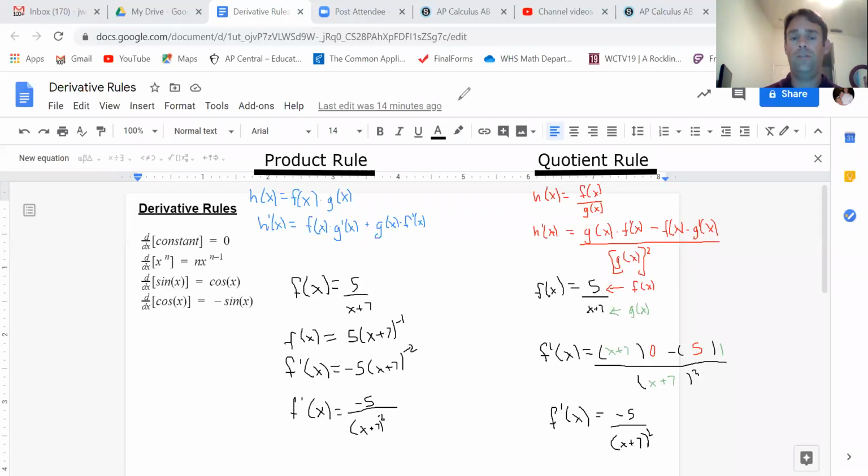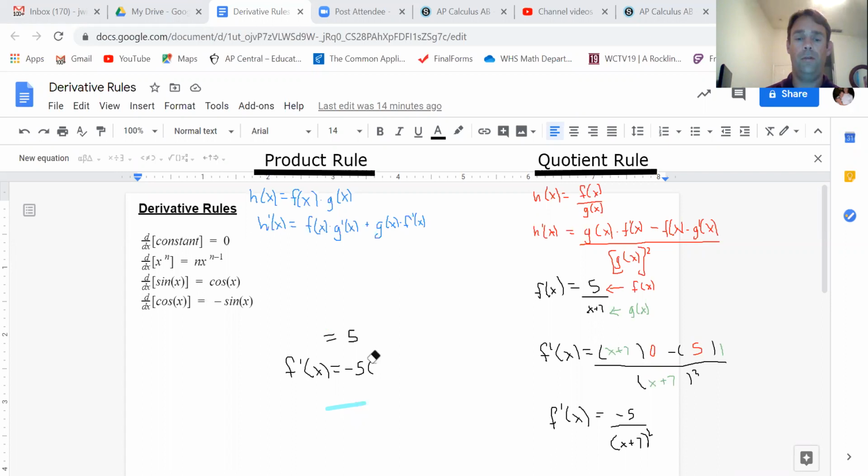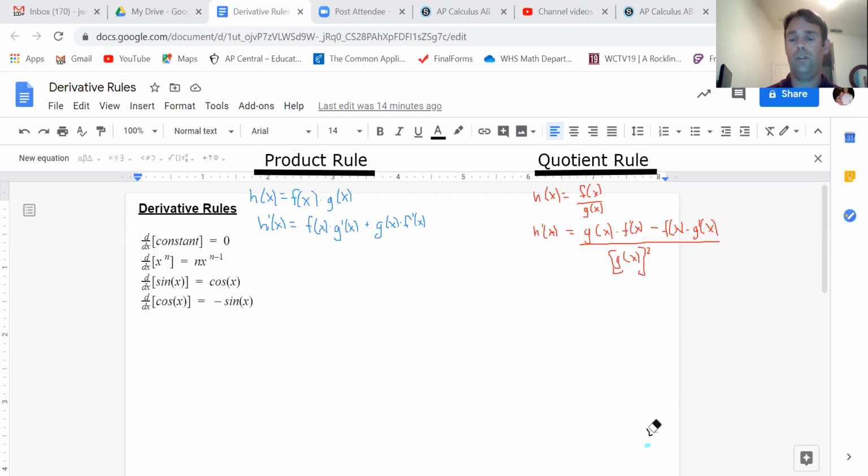Okay? So let me give you guys a couple problems to try here. Let's see what you guys can do with it here. So we've walked through one of each. Let's see if we can get just a little bit cleaner.